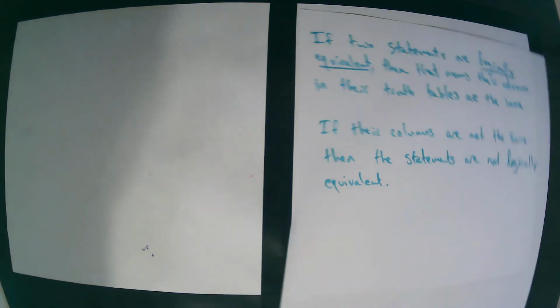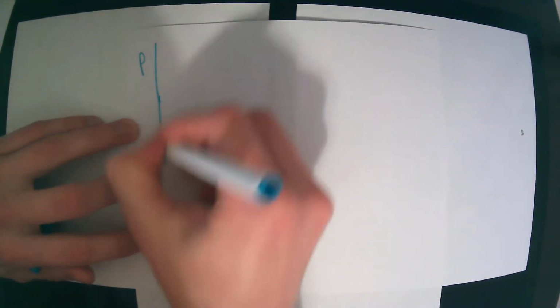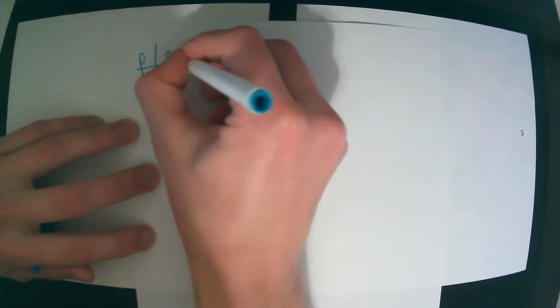So, now that we know how to prove things are logically equivalent, which is just, how did we do it? We just look at their truth tables. That's all it is. Now we can do all sorts of cool stuff, like prove that the contrapositive is the same as a regular conditional.